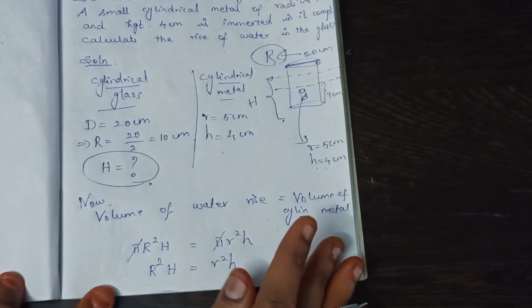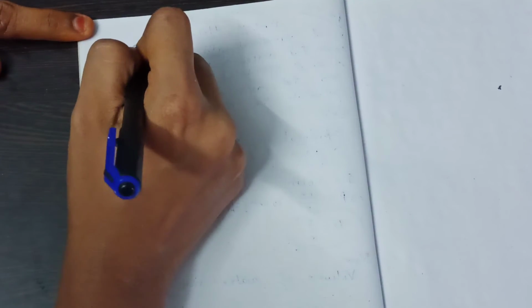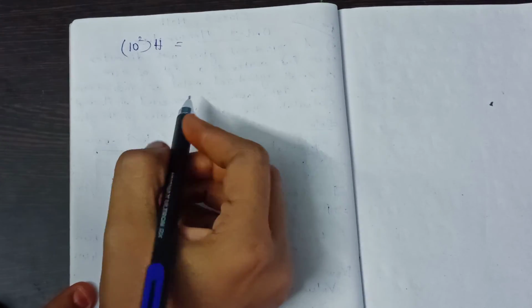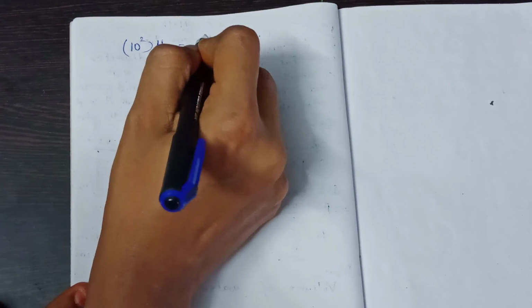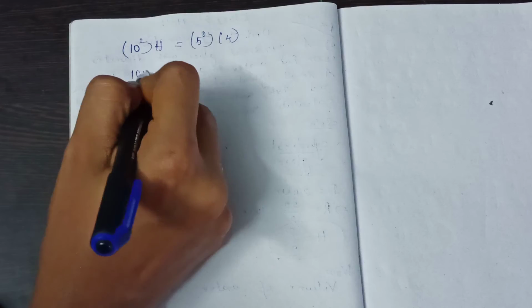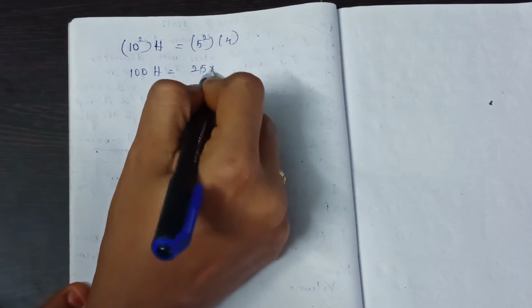Now let us substitute all the values that are given in the data. So here capital R is 10, therefore 10 squared into H equal to small r squared h. Small r is 5, so 5 squared into h, which is 4. So this will give 100 H is equal to 25 into 4.